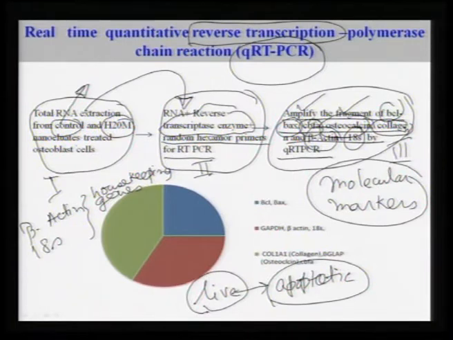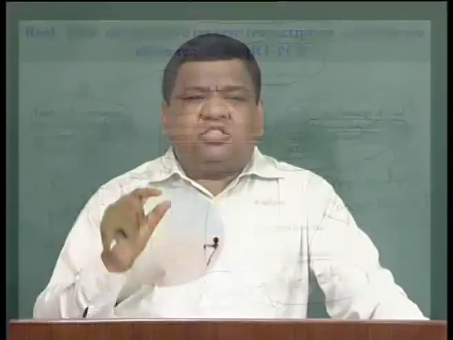What happens after this RNA reverse transcription process, the DNA that will be produced, and these genes BCL, CBFA, osteocalcin and collagen that are expressed, the amount that will be formed of all these genes will be very small in quantity.